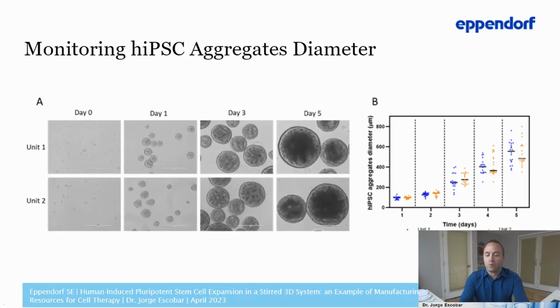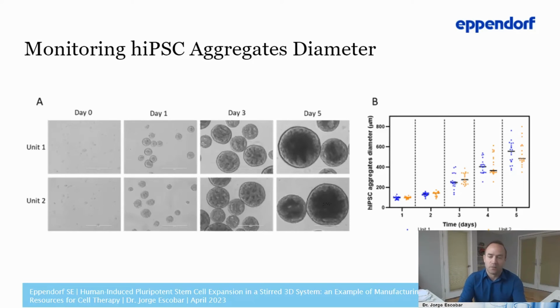We also monitored the human iPSC aggregate formation and diameter, as you see in the slide. 24 hours after single cell inoculation, iPSC aggregate formation was found, with the average diameter increasing from 95 microns on day 1 to 530 microns at day 5.